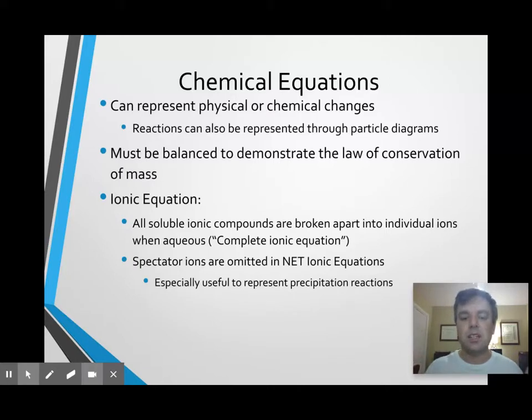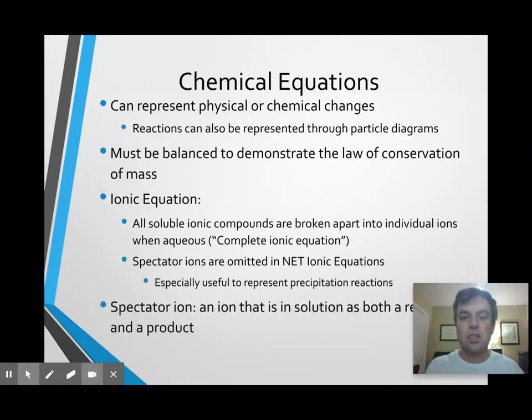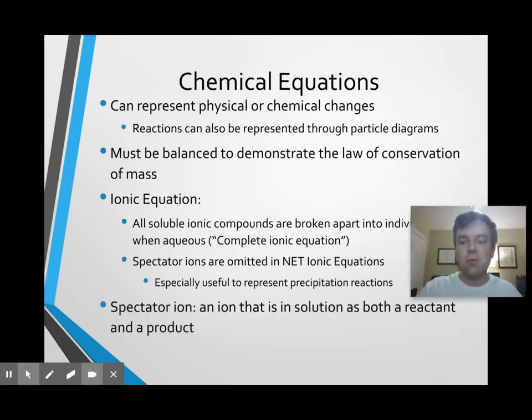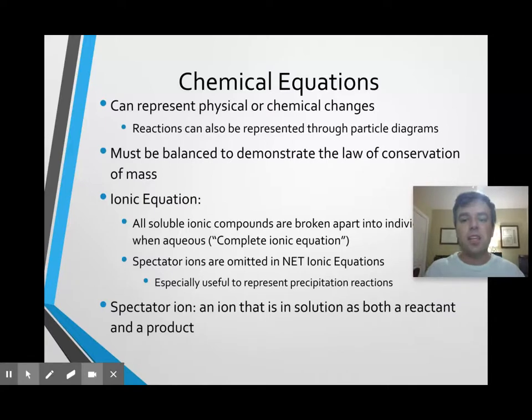A net ionic equation is good for this because it really shows what's ultimately happening, which is two ions coming together, making something insoluble and precipitating out of solution. And just to define the term spectator ion, that's an ion that appears in solution as both a reactant and a product. It doesn't really do anything.